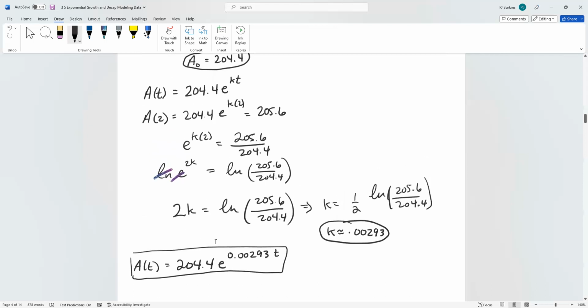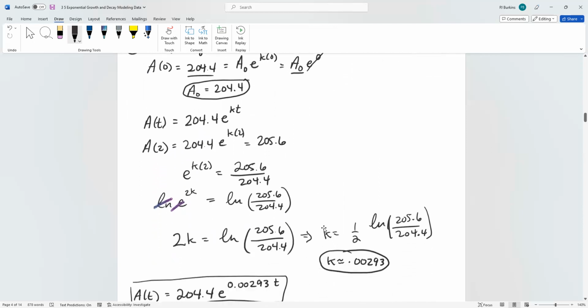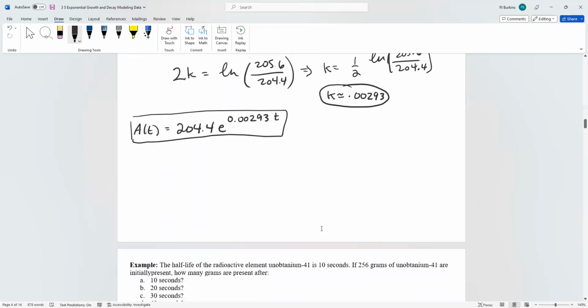So next, the problem asks, use your model to determine in what year the population of the country will be at 221 million. So we're solving for t. We're saying that A of t is 221. We know that much. We want to know what is t. Okay, divide by 204.4. It'll cancel over here if we divide it to the other side.